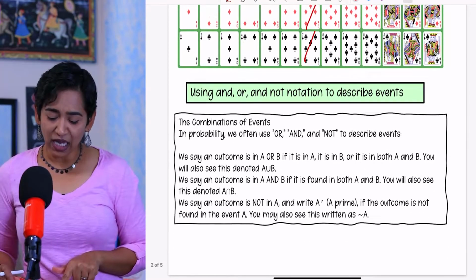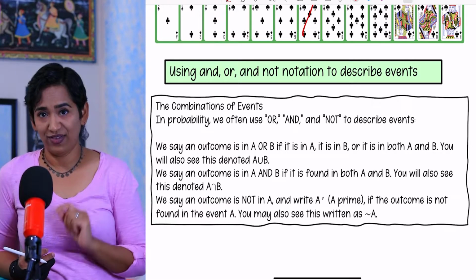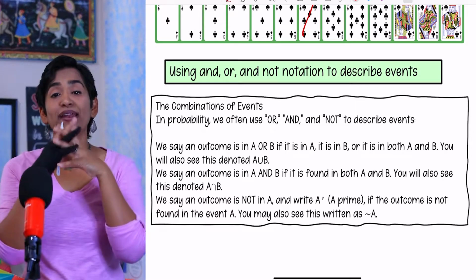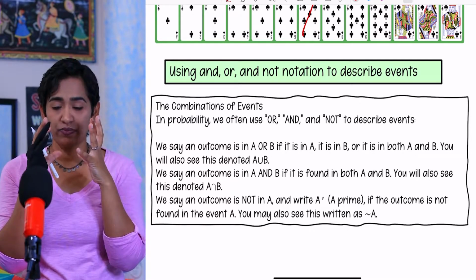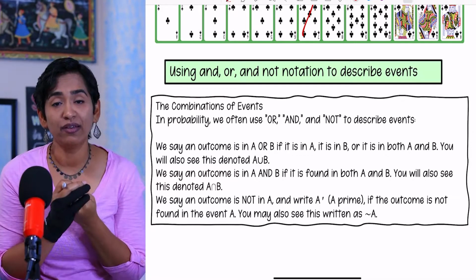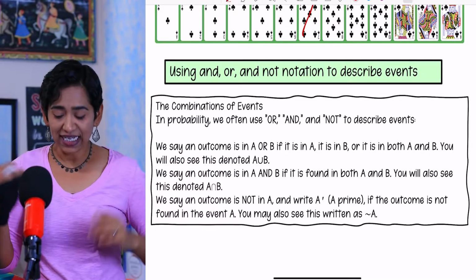Now the next topic is using and, or, not. Simple things. And is I combine everything. Sorry, cut. And is I find something common. Or is I combine. Negation is not.